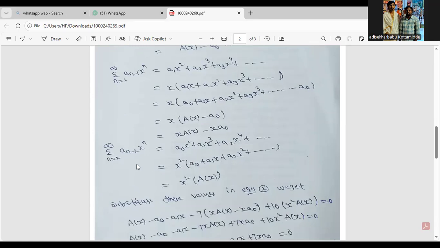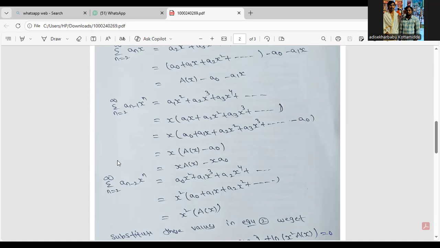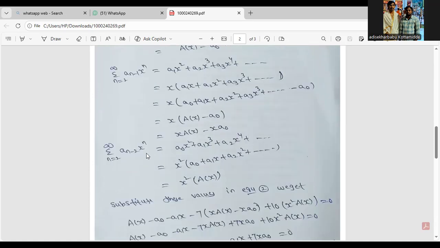Finally, the last term is summation n equal to 2 to infinity a_(n-2) x^n, which is equal to a naught x squared plus a1 x cube plus a2 x power 4 and so on. Here the coefficient is there, so take x squared common: x squared into a naught plus a1 x plus a2 x squared and so on, which is equal to x squared into A of x.